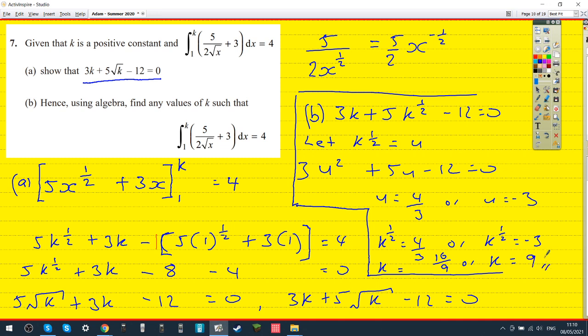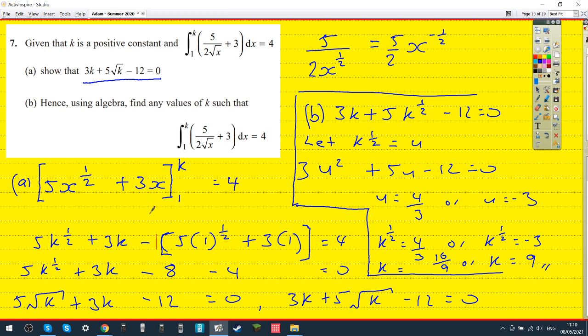That's it. That's great. So this is integration. You write it as, so this one is quite common, that the 2 isn't also to the power of a half, and so that stays on the bottom, but the x comes up with the negative power. This limits between k and 1 just means, sub in k and then take away what you get when you sub in 1.